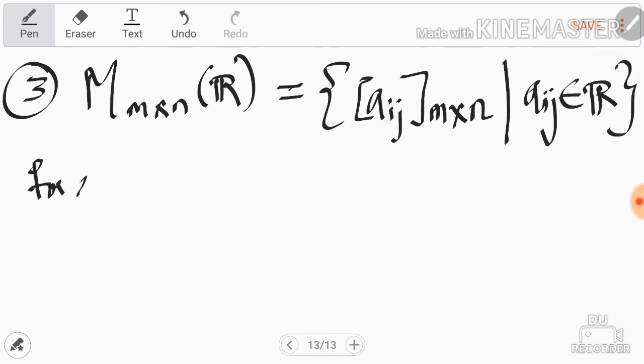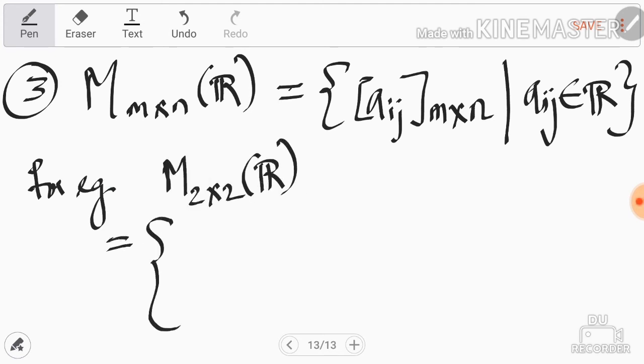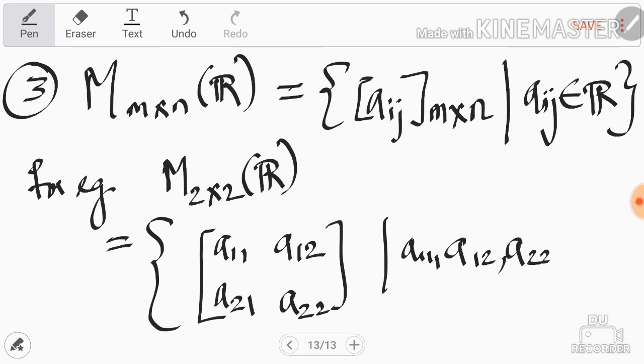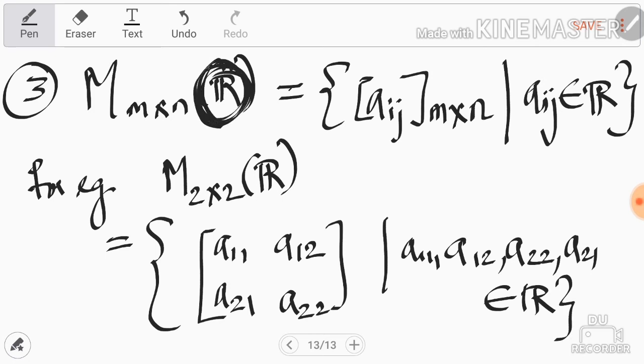For example, you can have M(2 cross 2, R), which is nothing but the set of all 2 cross 2 matrices. So I can write it in an elaborate way because it's simply 2 cross 2, and all these a11, a12, a22, a21, they're all from the set of real numbers. That's the reason you use the notation R over here.